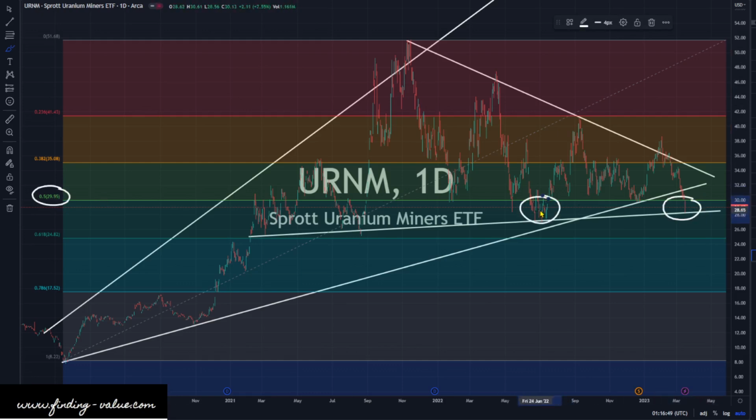So you hit this 50%, you cost average in, and if it dips down, I continue to cost average in all through here below that time frame. And then you'd get this entire area where you have a cost averaged position. Even if you add it up here or down here, that's okay. You're still getting a very good position, especially if you think we're going to go to 100 plus on URNM.